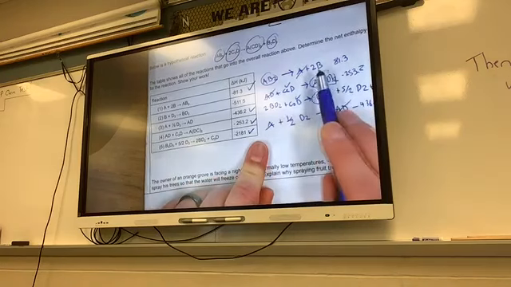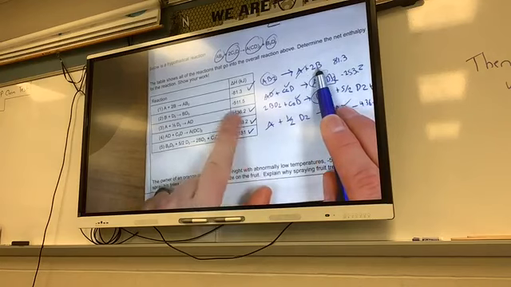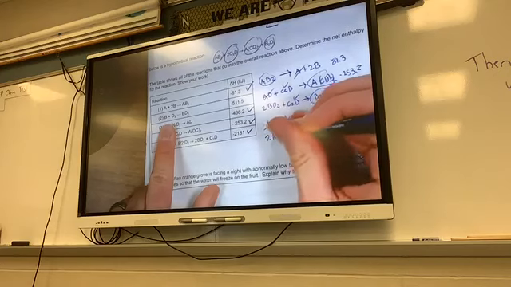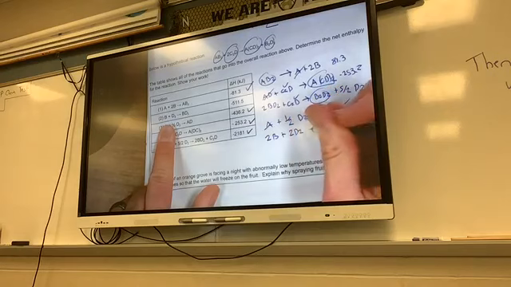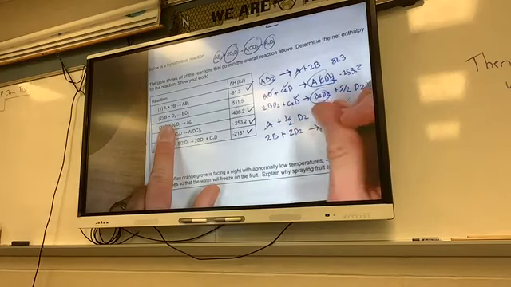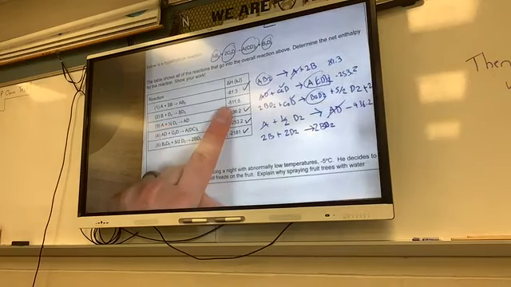I have 2 B's on the right. So what do I have to do to this one? Times 2. So 2B plus 2D2 yields 2BD2. And what do I have to do to my delta H? Times 2.